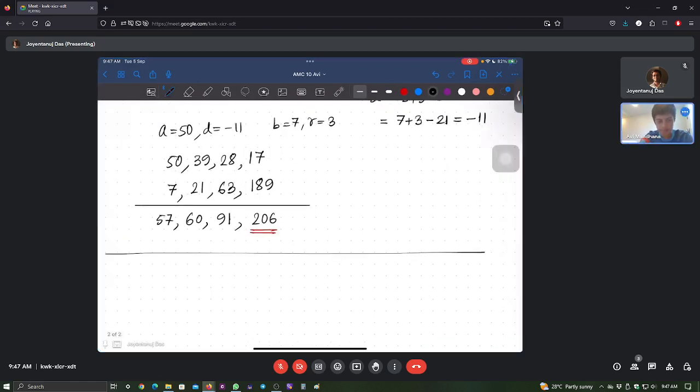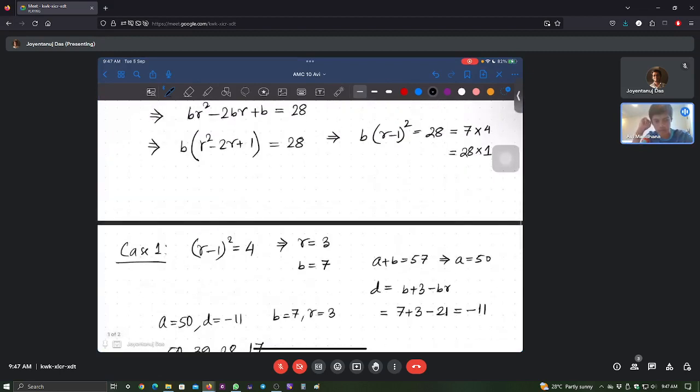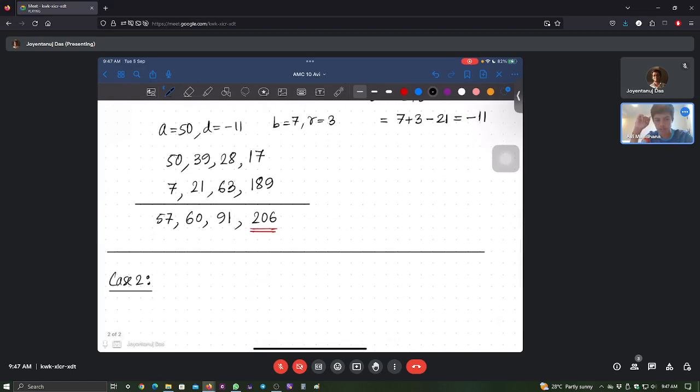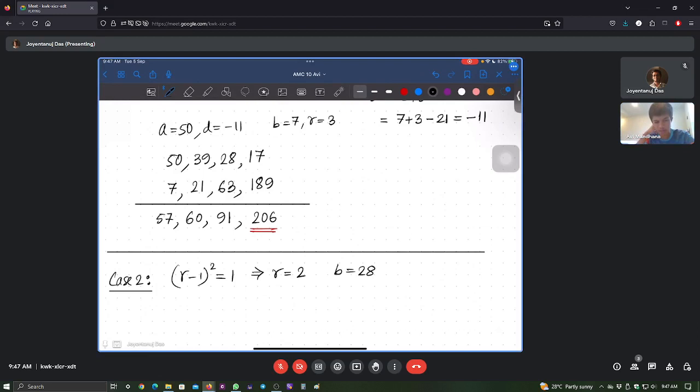So case 2 is b times (r minus 1) squared is equal to 28 times 1. So this is 1 here, so b is equal to 28, and r is 2.